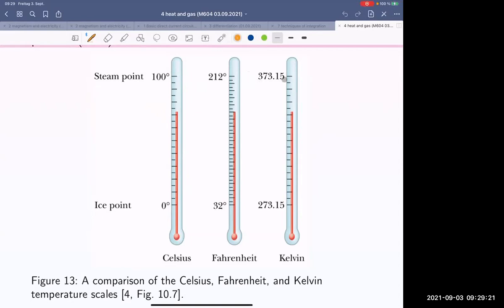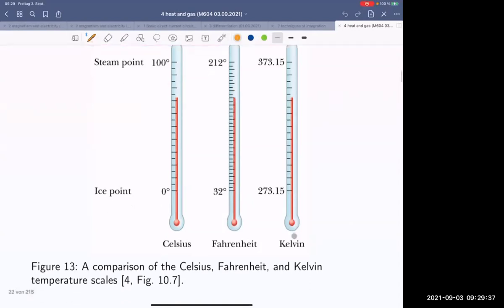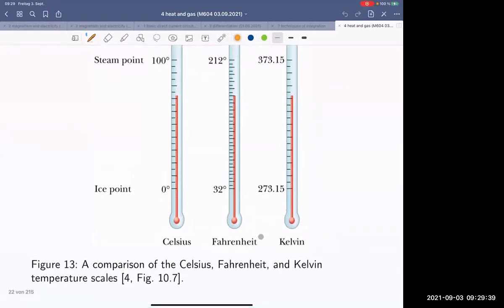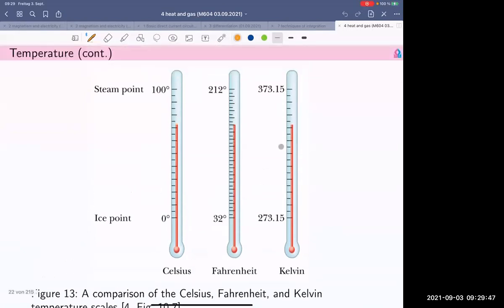On the Kelvin scale, we get 373.15, which is only 100 more than the freezing point, 273.15 Kelvin. You can see the pitch between two bars on the Celsius and Kelvin thermometers would be the same length, but the Fahrenheit one has a tinier, smaller pitch.